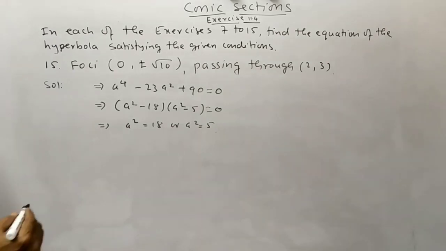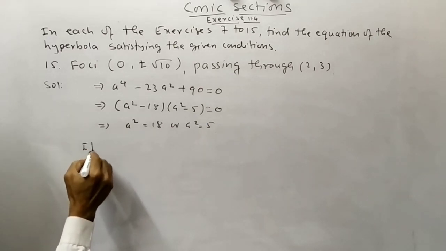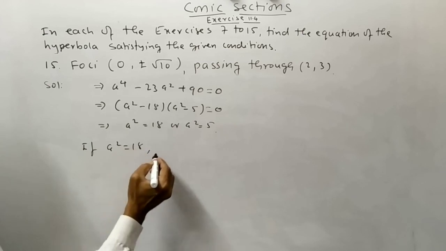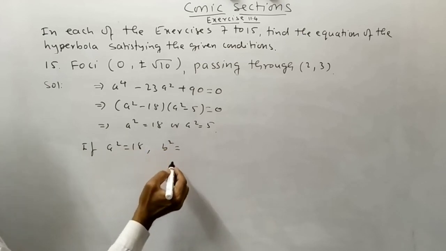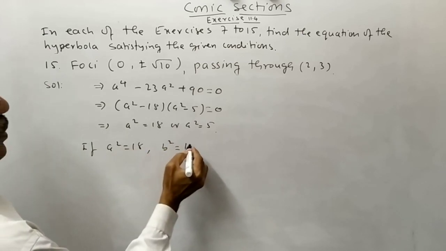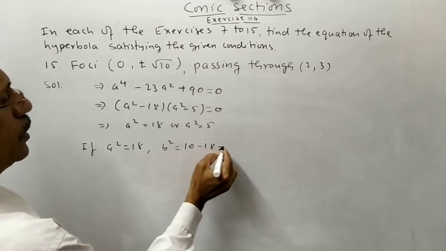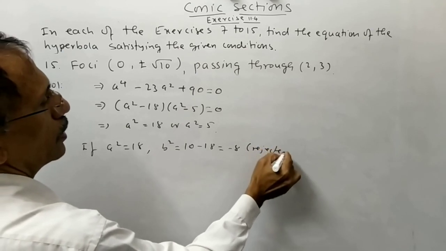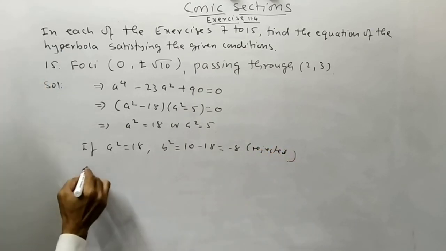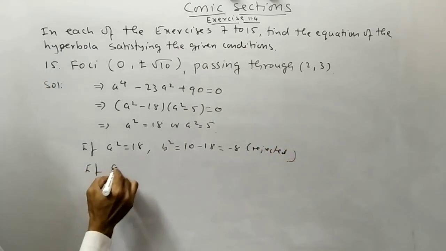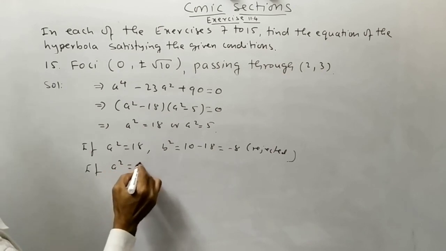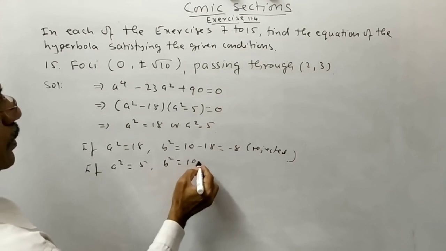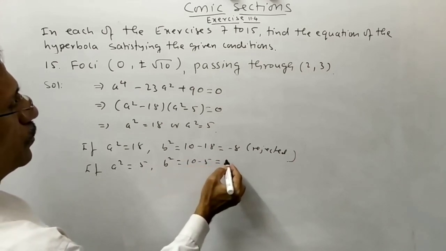If a square is equal to 18, b square is equal to 10 minus 18 is equal to minus 8, rejected. If a square is equal to 5, b square is equal to 10 minus 5 is equal to 5.